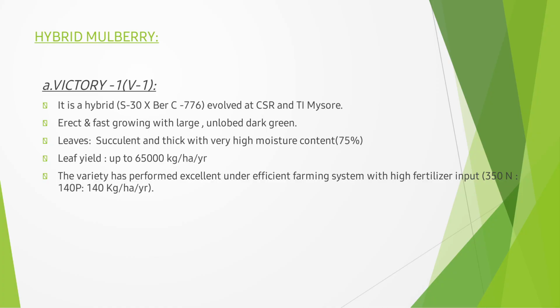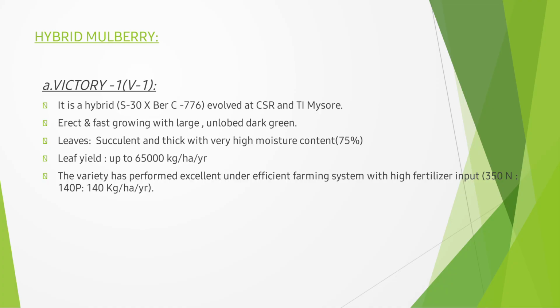Finally, at present we are cultivating a hybrid mulberry which gives more yield than the conventional ones. The typical example of a hybrid mulberry is Victory 1 (V1). It is a hybrid produced between a cross of S30 and Ber C776, evolved at CSR and TI Mysore.